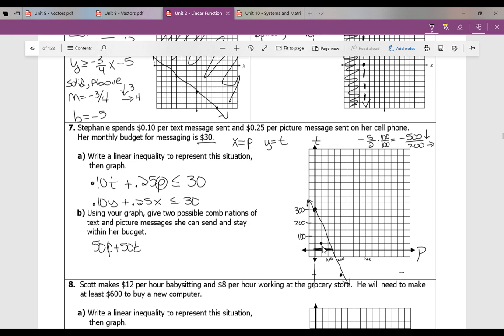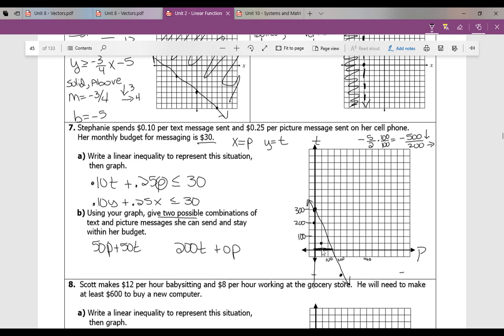Okay. Now, she could just send 200 text and 0 pictures and still stay below. Does that make sense? So there are lots of different combinations of how many pictures she could send and how many texts she could send, but it just said to give 2 possibilities.